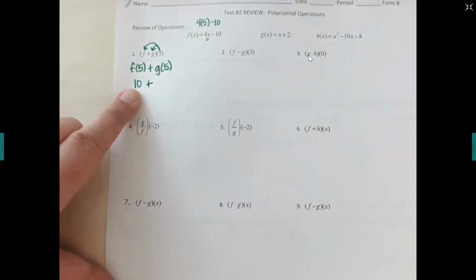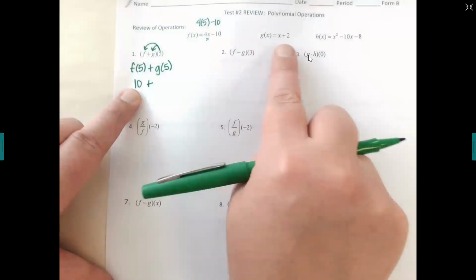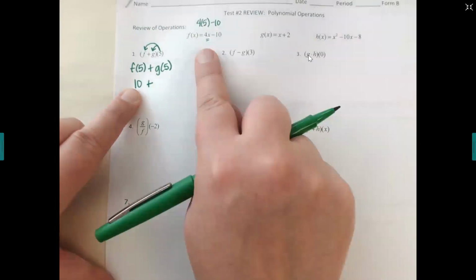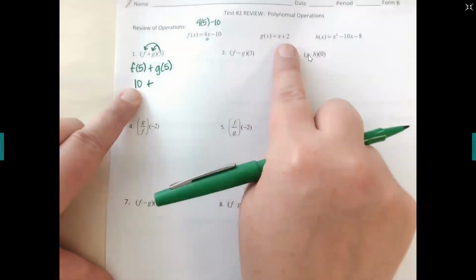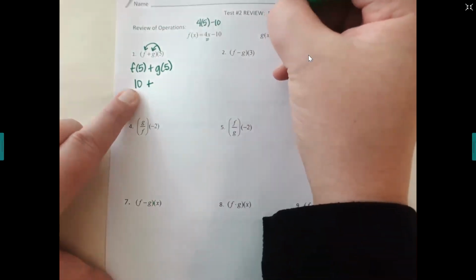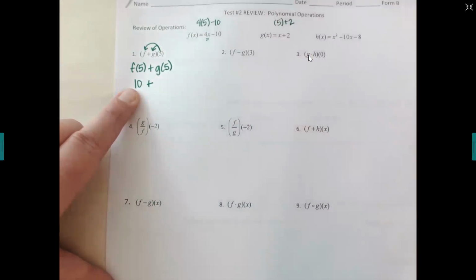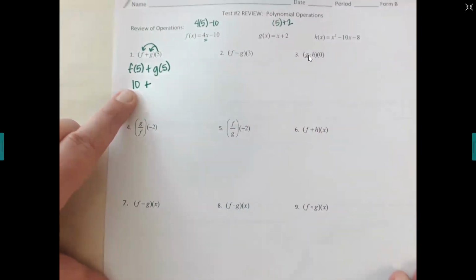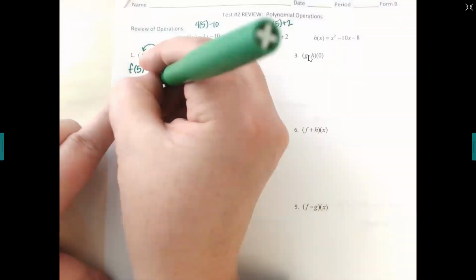Then when I want g of 5, which equation am I going to plug the number 5 into? Second, because that's the one labeled with the g. So instead of x plus 2, it's 5 plus 2, and 5 plus 2 is 7. 10 plus 7 is 17.